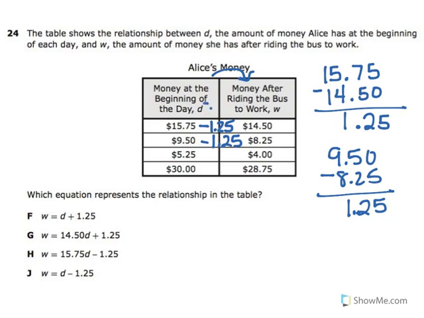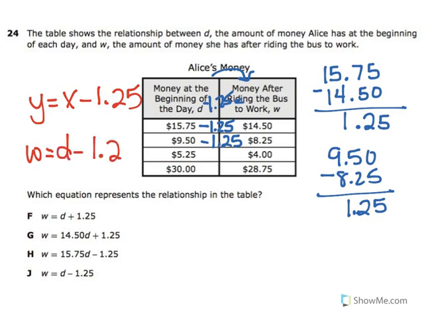I'm doing minus $1.25 to equal that W. We've done a lot of X and Y, so we would say Y equals X minus $1.25, but instead of using Y and X, it's using W and D. So W is equal to D minus $1.25. So that means my answer is going to be J.